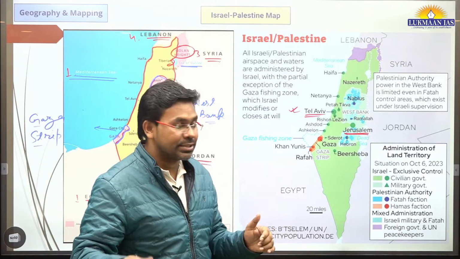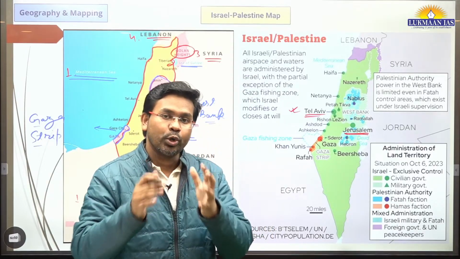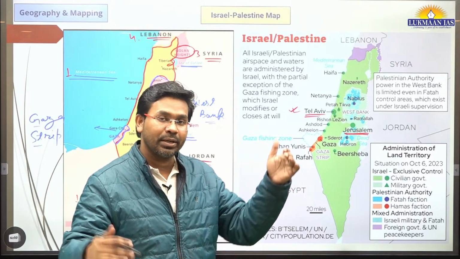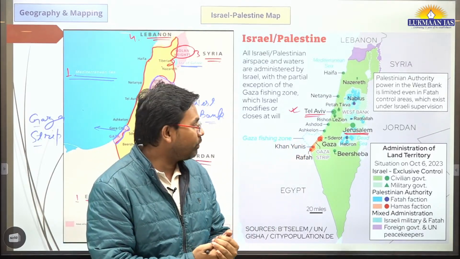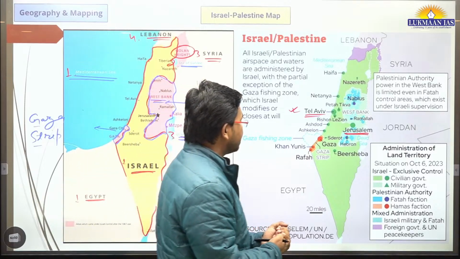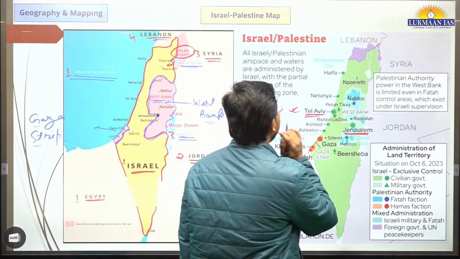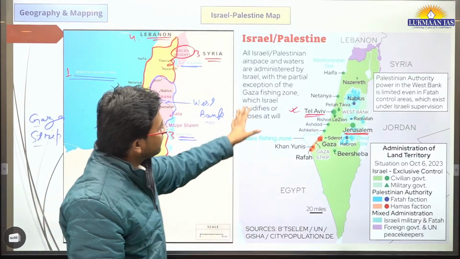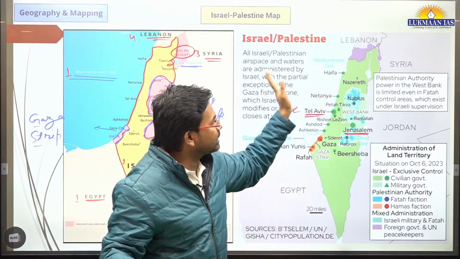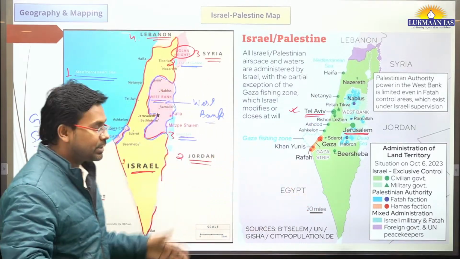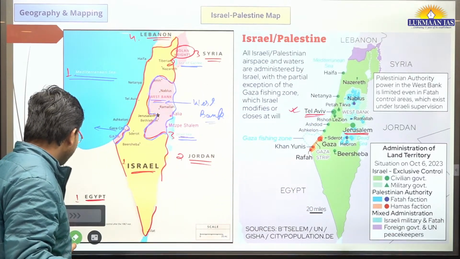The Palestinians want to have their capital here, and Israel wants to have its own capital here. There have always been conflicts related to it, so Israel shifted its capital to Tel Aviv. Apart from this, other physical locations are shown over here. You can download this PDF from the description of the YouTube video also.